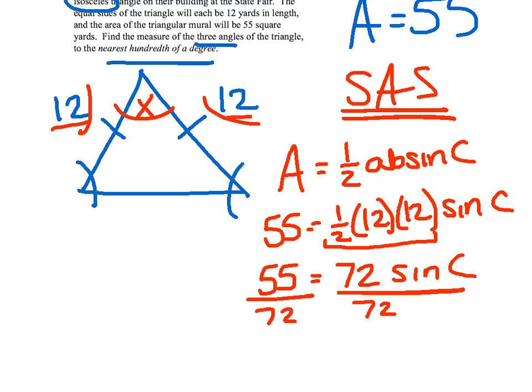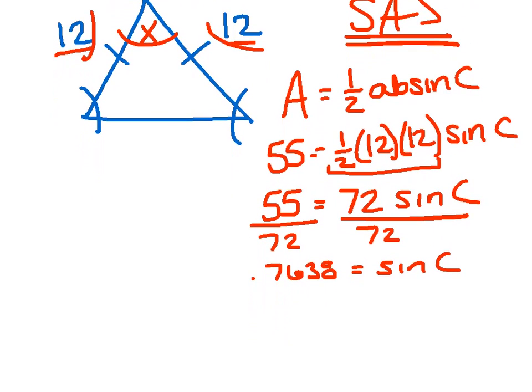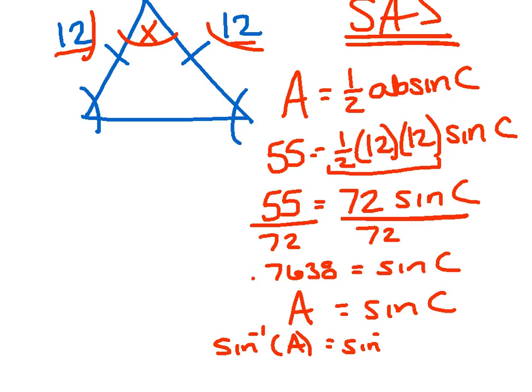And I get 0.7638, and so on. I get some nice ugly number, which of course I'm going to store. And I'm going to store that into alpha A for the time being. And if I want to find an angle, we've done this a bunch of times now, you're taking the inverse. So sine inverse of A, and when I take the sine inverse, that just zaps the sine out over here.